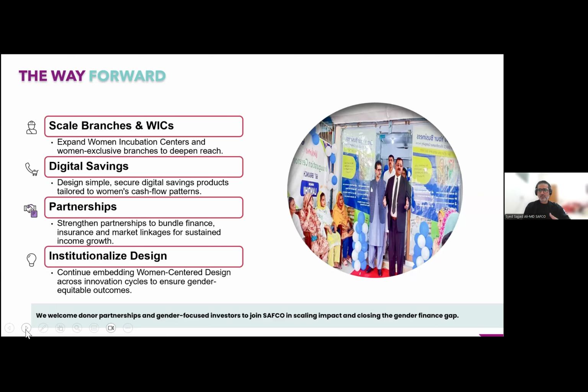So we are trying to utilize our footprint and trust with the borrowers and engage with the regulator to introduce digital saving products to ensure that cash flows are saved and not utilized. Now we are trying to have digital accounts with the women so they can withdraw from their savings at any time.